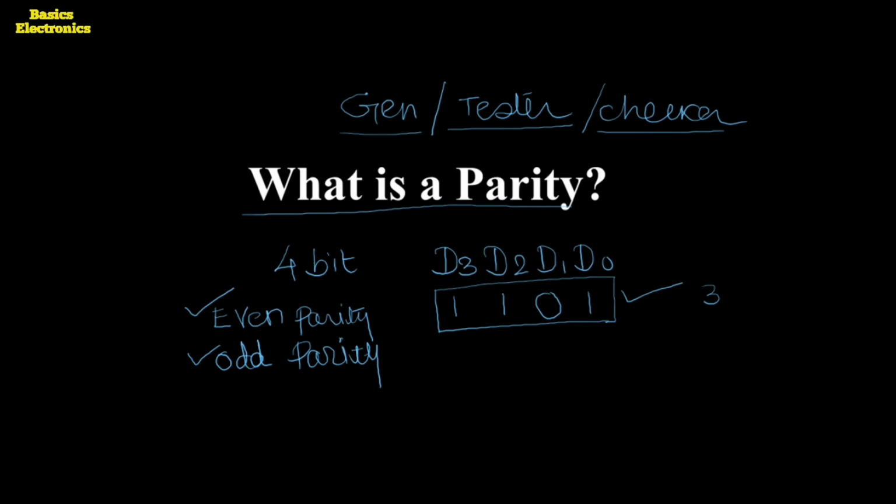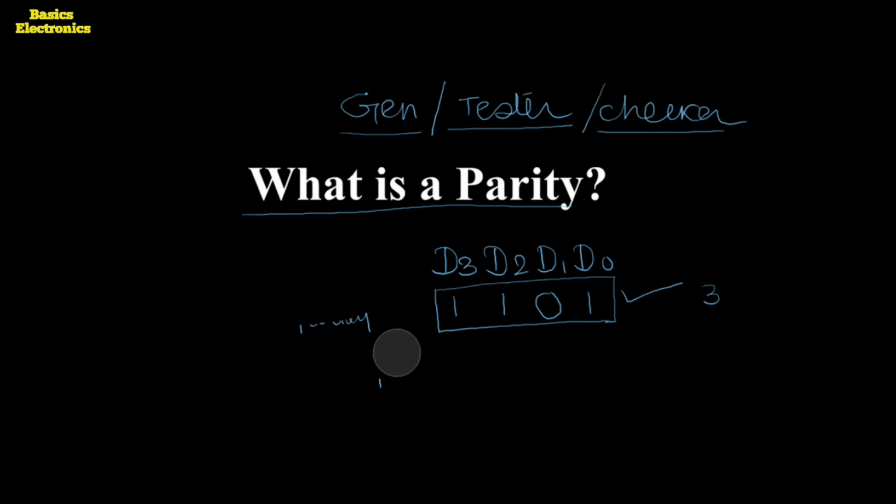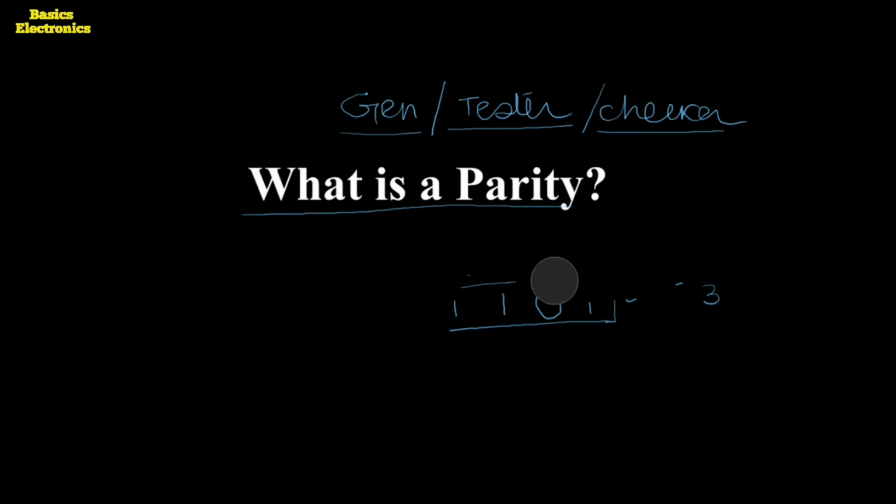Then what do we have to write here? In this question, there are 2 sub-questions. The first one is: what is a parity tester? The parity tester is a logic circuit.